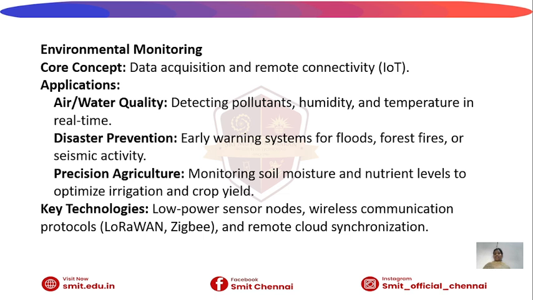Then precision agriculture, monitoring soil moisture and nutrient levels to optimize irrigation and crop yield. For irrigation and crop yield, it is very important to monitor the soil moisture and check whether the nutrient levels are okay or not.